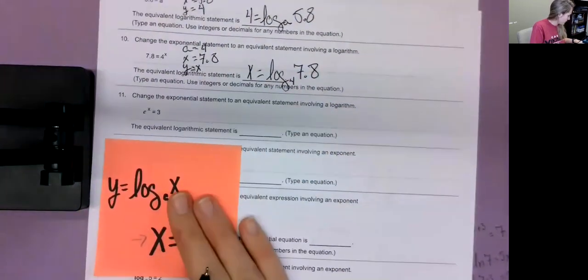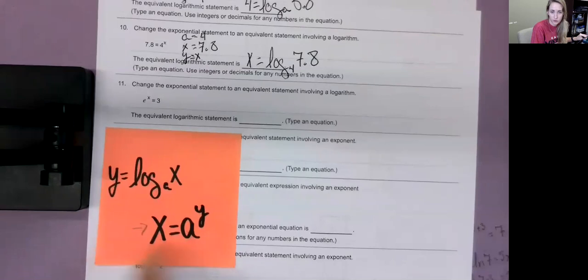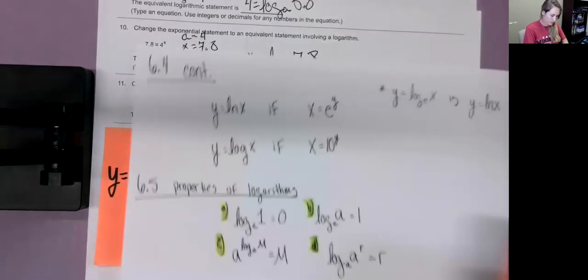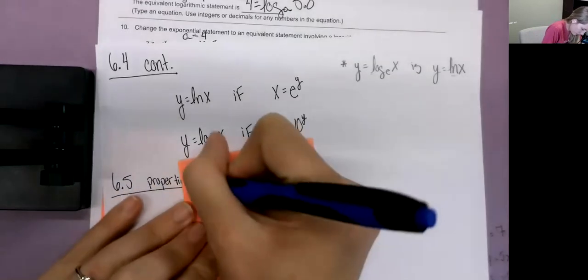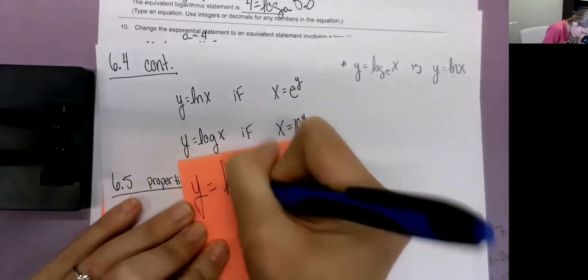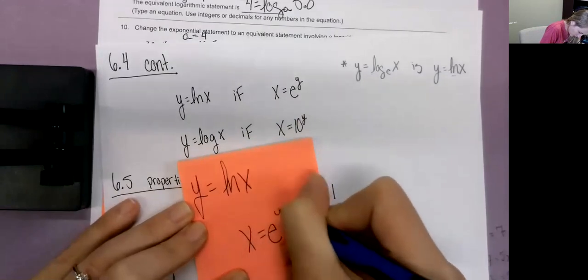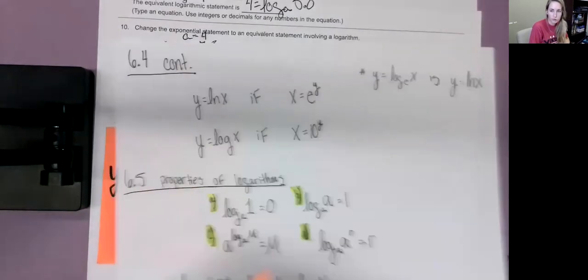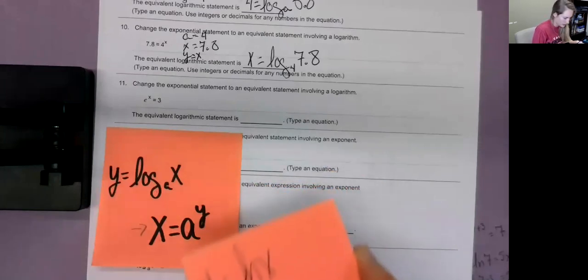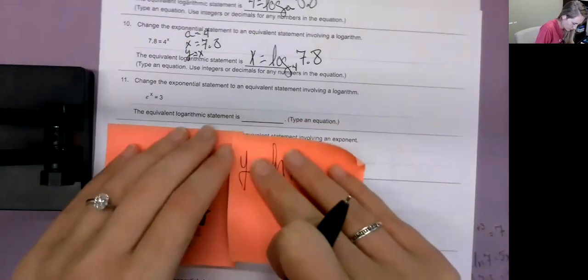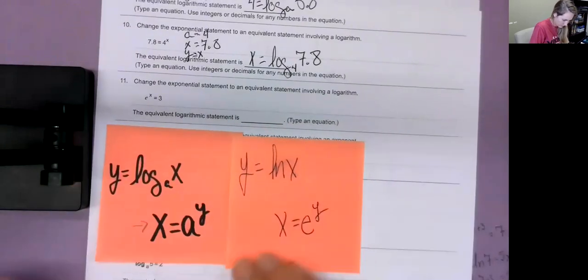All right, on this one, you can use this still, or I'm going to write it down real quick too while I'm talking about it. So we have y equals the natural log of x, and then x equals e to the y. So we really only need x and y on this one, so we can take out a step if we are dealing with natural logs or e, the natural number.